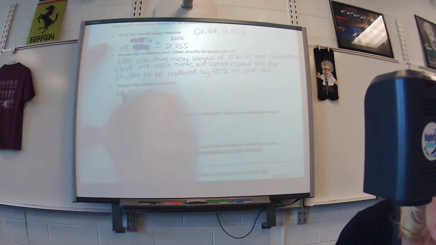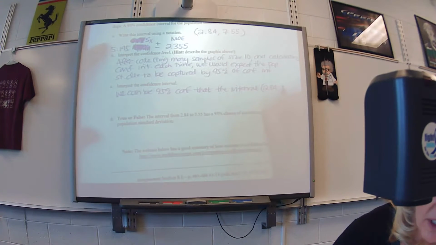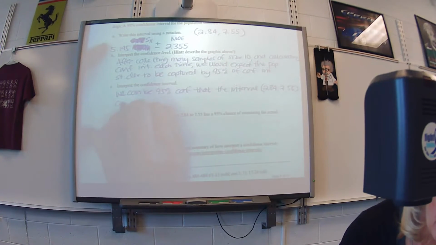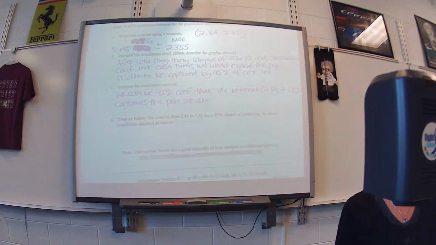We can be 95% confident that the interval 2.84 to 7.55 contains or captures the population standard deviation.